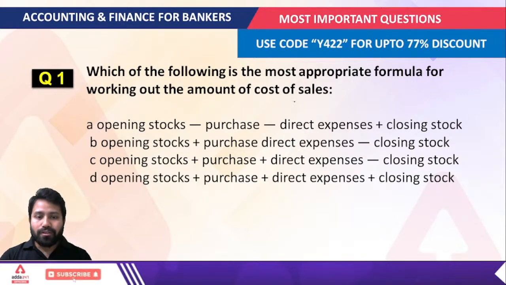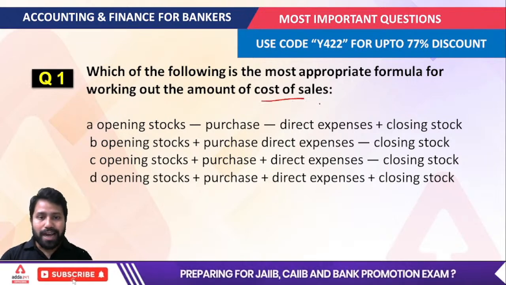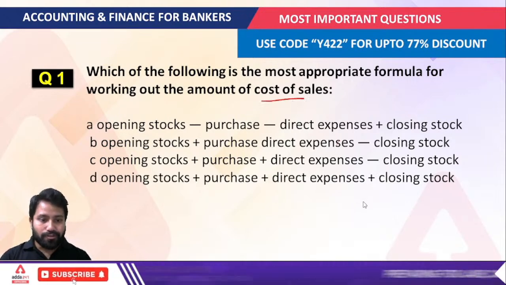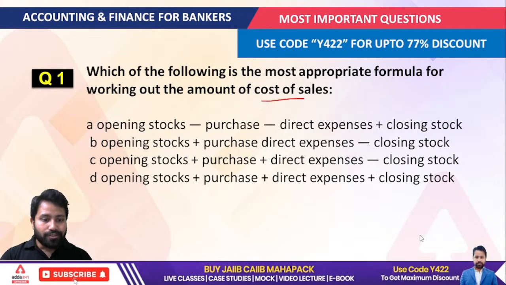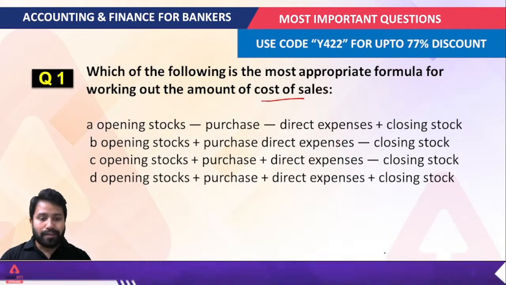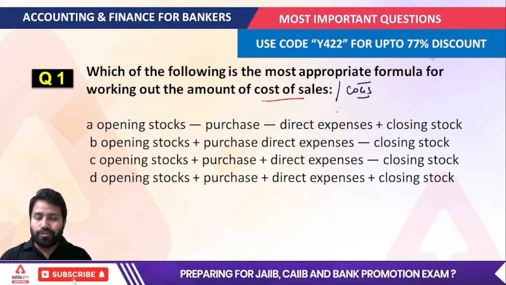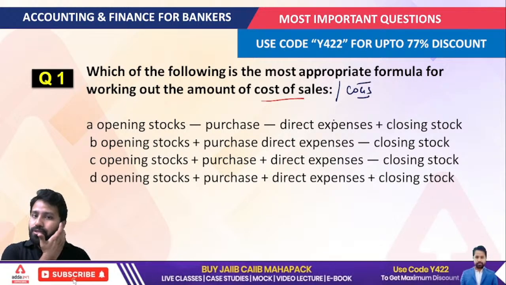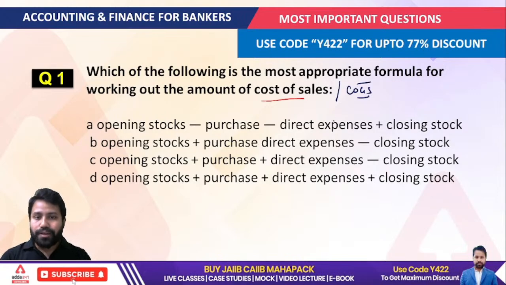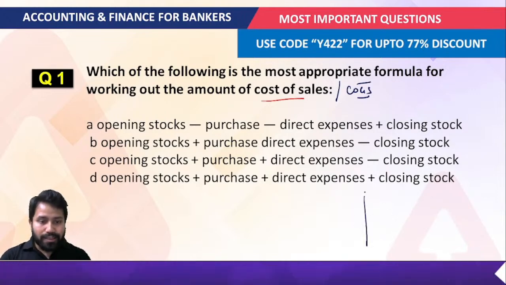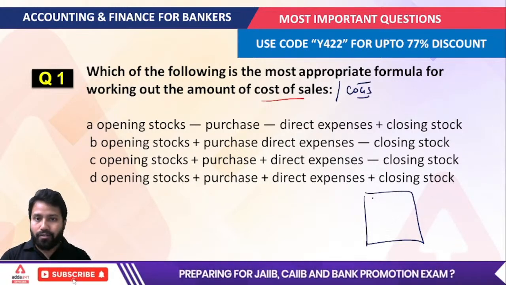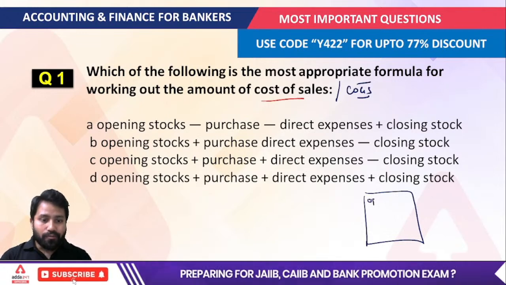When we talk about the cost of sales, always understand that the cost of sales and the cost of goods sold are the same thing. Never confuse between them in the examination. Suppose you started your financial year with some opening stock.